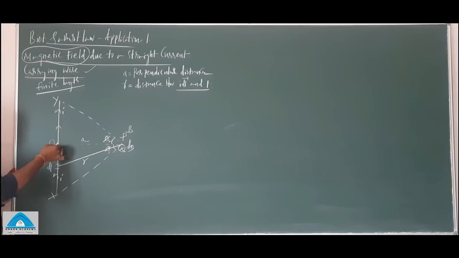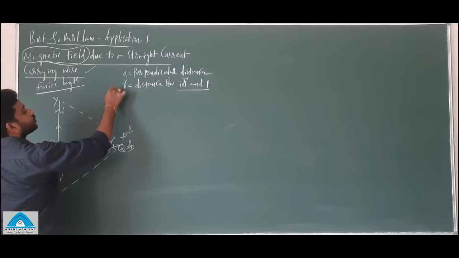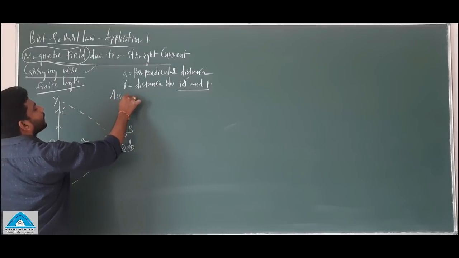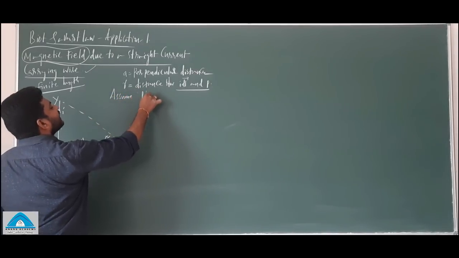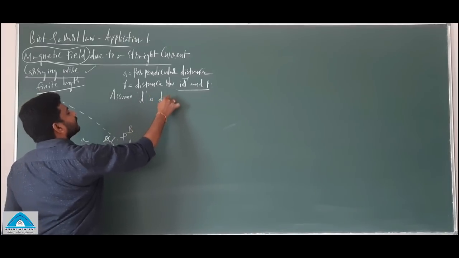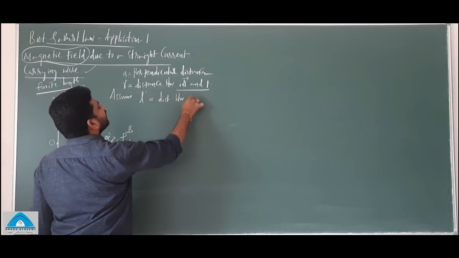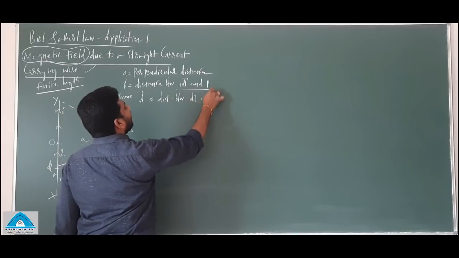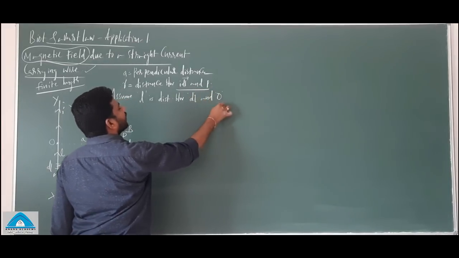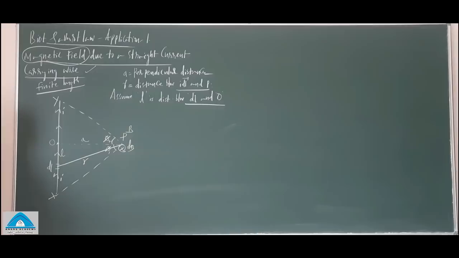From O to the current element, assume L is the distance between dl and O. No confusions, right? These are all the assumptions here.